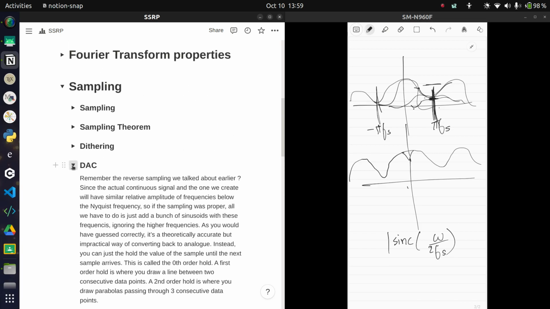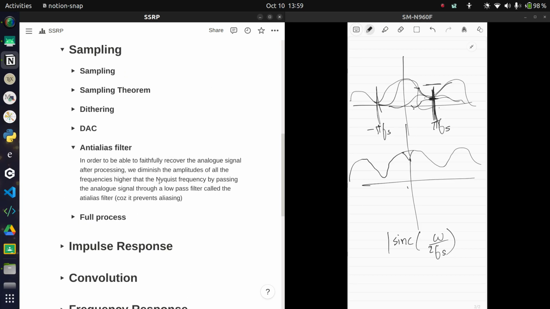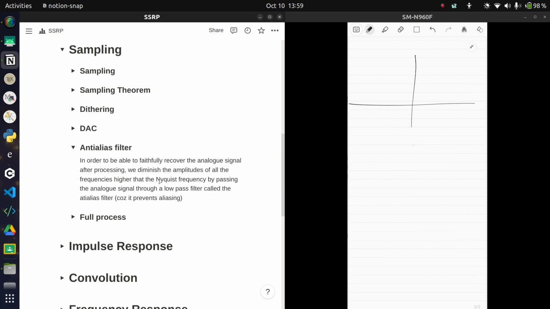That's the DAC. Then you've got the anti-alias filter. Suppose your original signal x of t had a very bad, spread out frequency domain spectrum, and you don't want aliasing to happen, but you know it's going to happen because of the spread out spectrum.